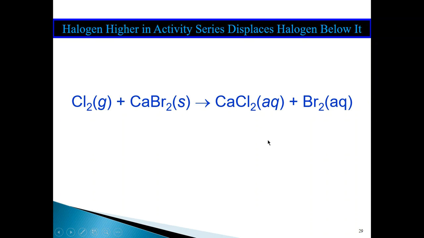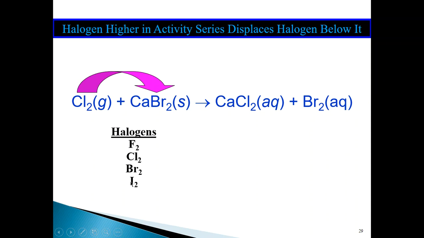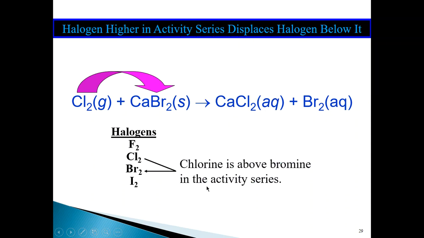So for example, in this case, we know that this reaction will take place because in that group, chlorine is above bromine. So therefore, chlorine will displace bromine to form calcium chloride and bromine as your products. All right? So that reaction will take place, we know. And that's because, as we said before, chlorine is above bromine in this series.